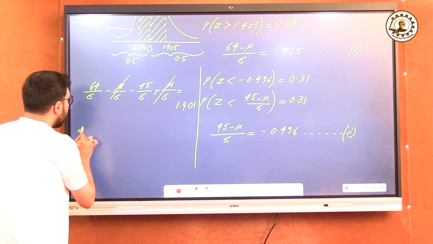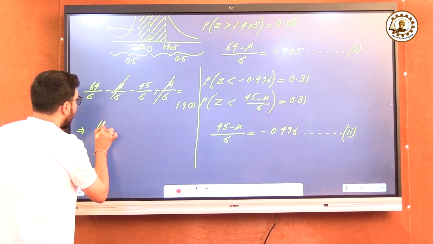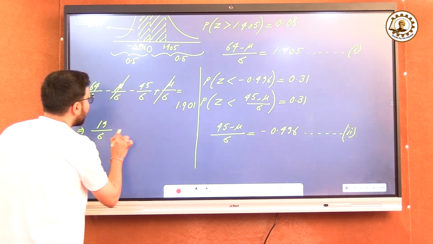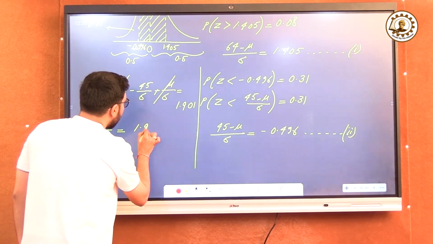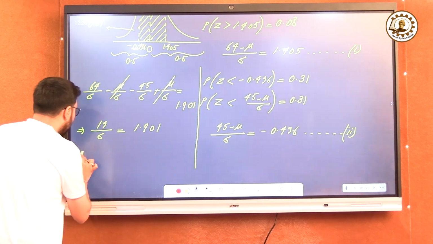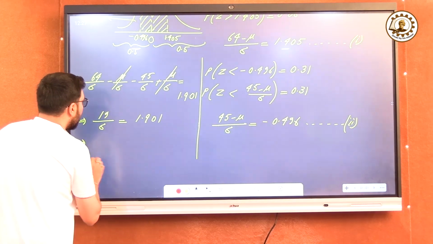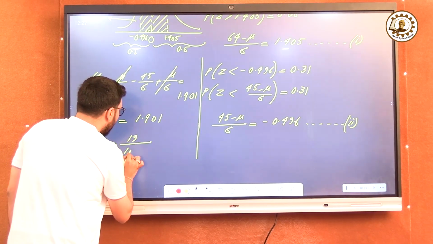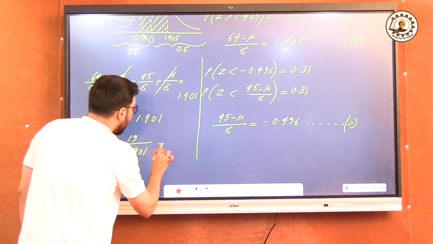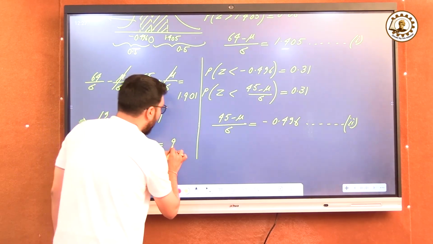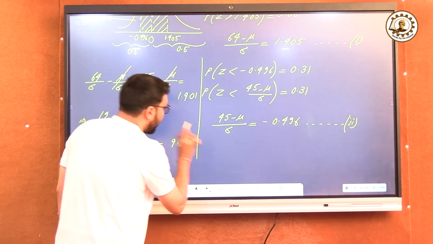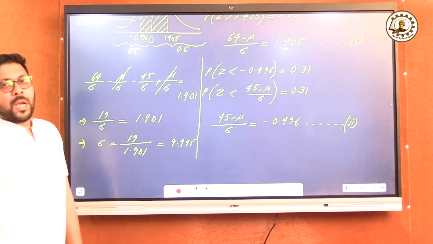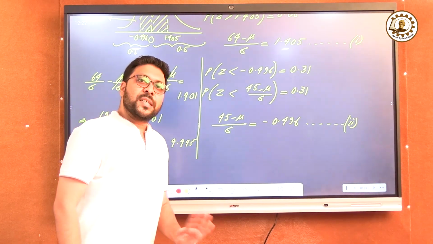We are left with 19 by sigma equals 1.901. So the value of sigma is 19 divided by 1.901, which equals 9.995. So the first part of the question is done.